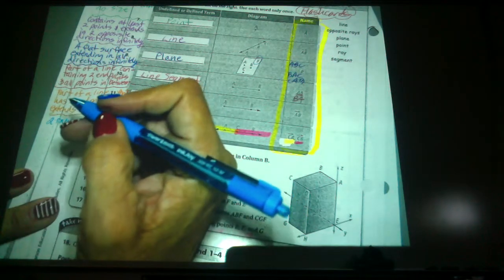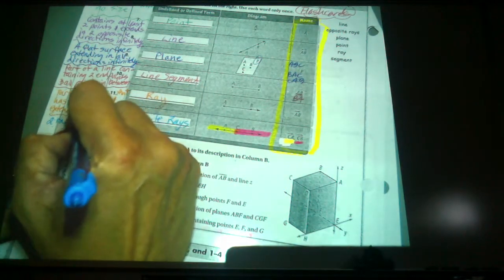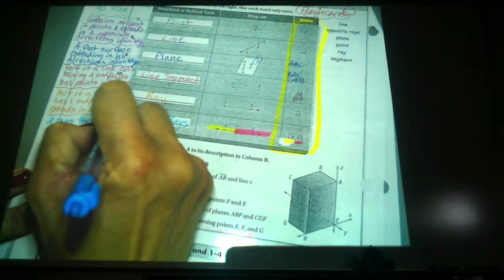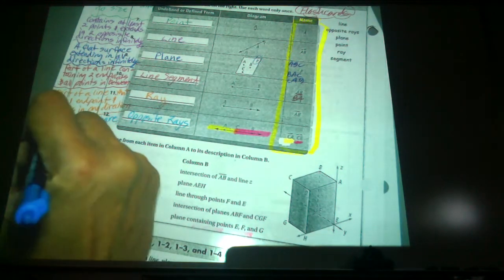All right, so your true definition for opposite rays would be two rays that share the same endpoint.